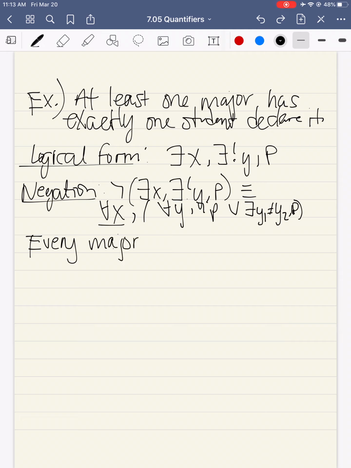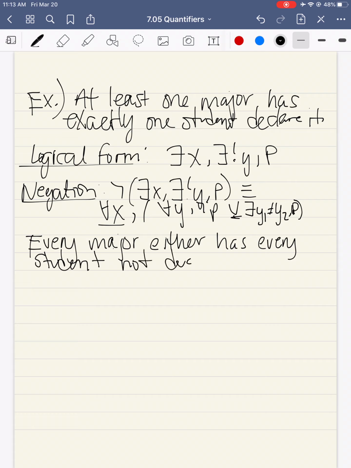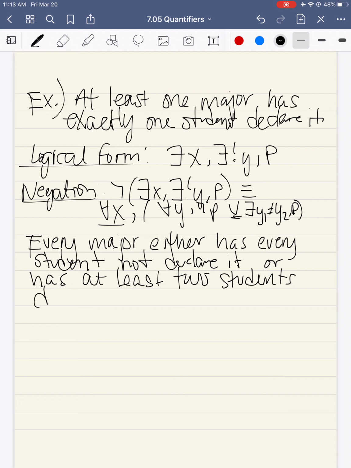Every major either has every student not declare it, or, again, that or there, has at least two students declare it.